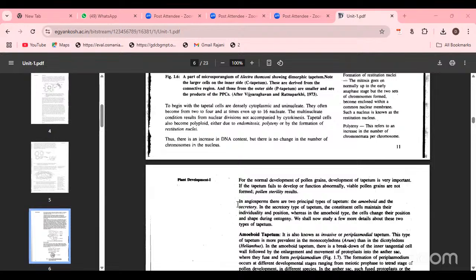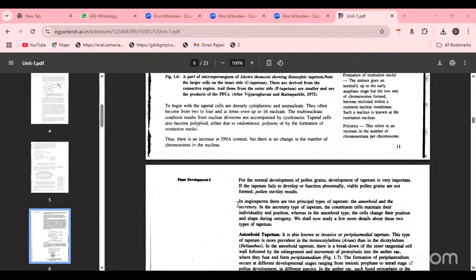They often become two or four lobed, and even 16 nuclei are present. This is the multinucleate condition. Multinucleate conditions result from nuclear divisions not accompanied by cytoplasmic division. Only nuclear divisions are present.